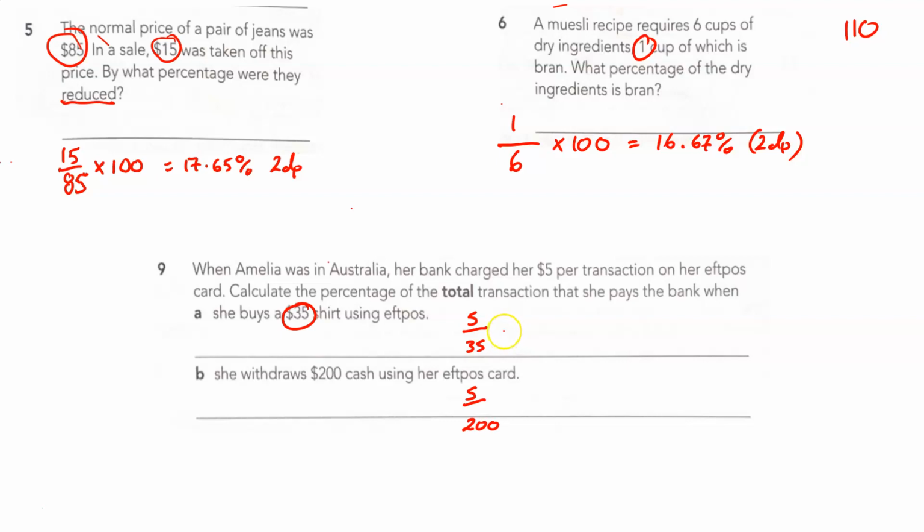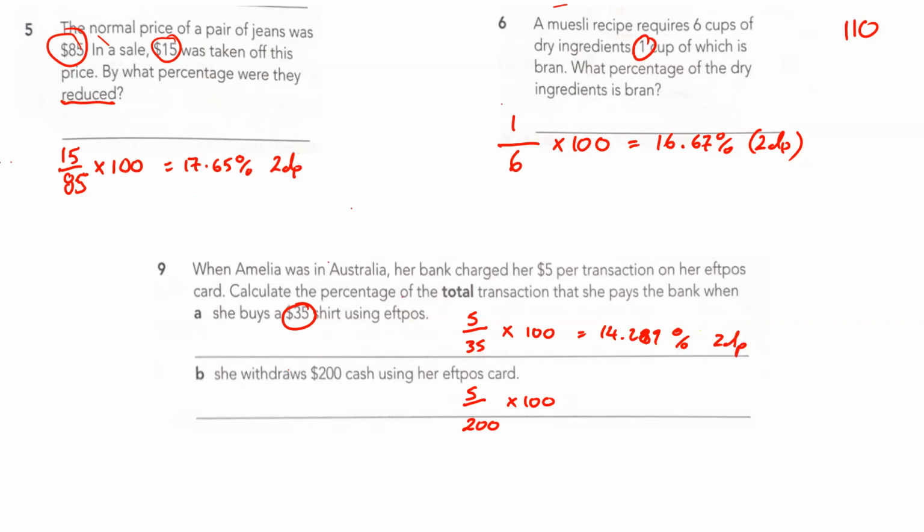And then to change that fraction into a percentage, we times by 100. So you end up with 14.28, sorry, 14.29, which is percent to 2 DP.